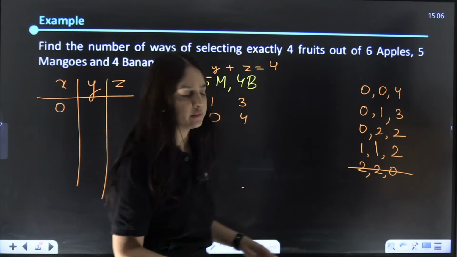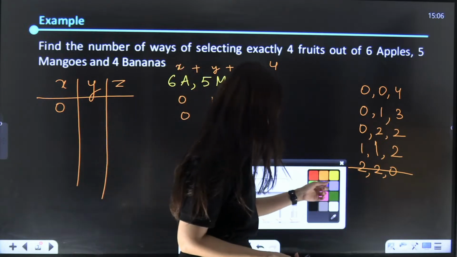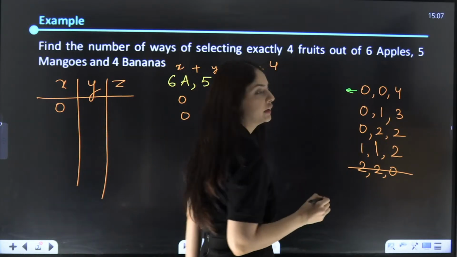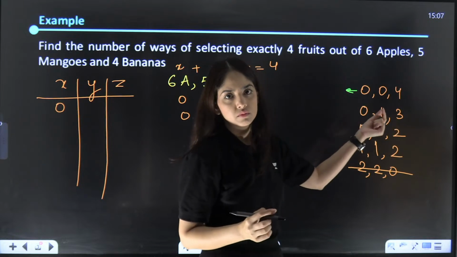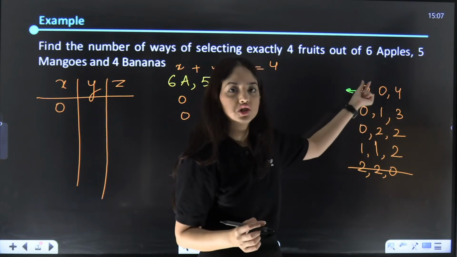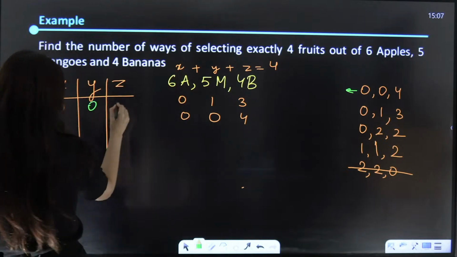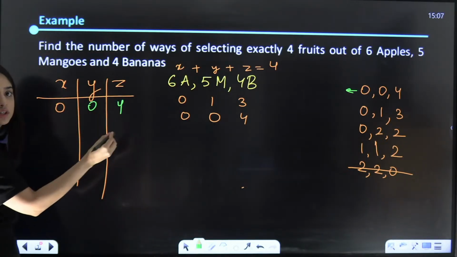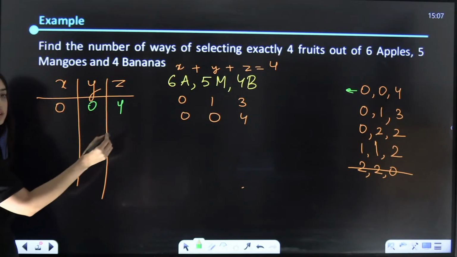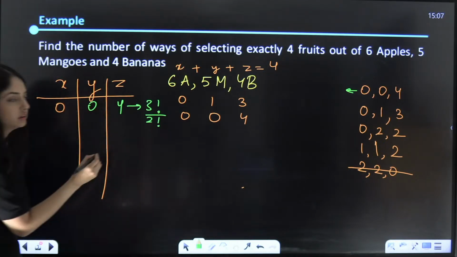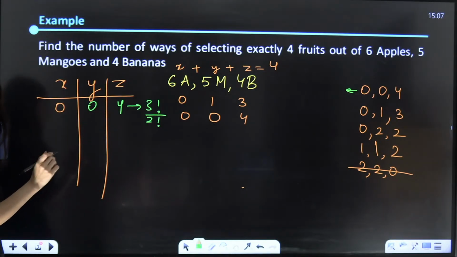Now let's order them. How many orders for this? 4 can either be in the first position or the second position or the third position. Now we have 0, 0, 4 or 0, 4, 0 or 4, 0, 0. So how many? 3 factorial divided by 2 factorial, because two zeros are identical.